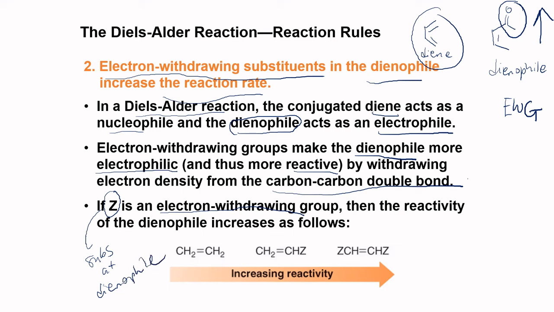the reactivity of the dienophile will increase as follows, meaning this dienophile does not have any electron withdrawing group. This one has one electron withdrawing group. This one has two electron withdrawing groups. So the rate of reaction will increase.